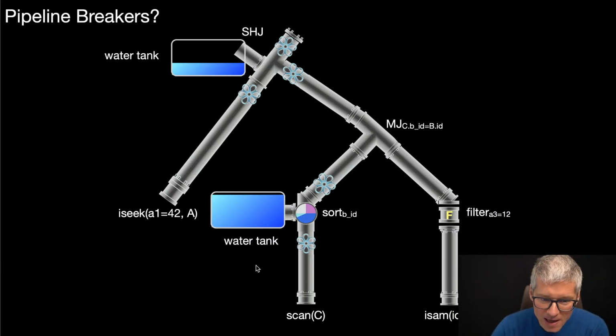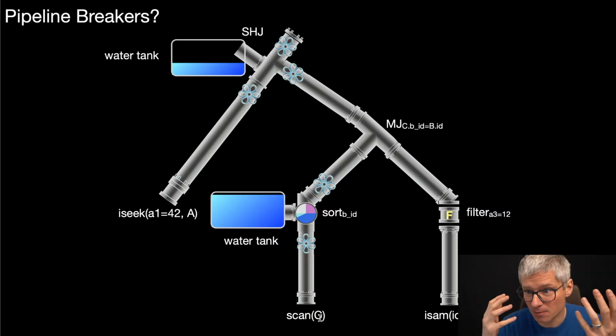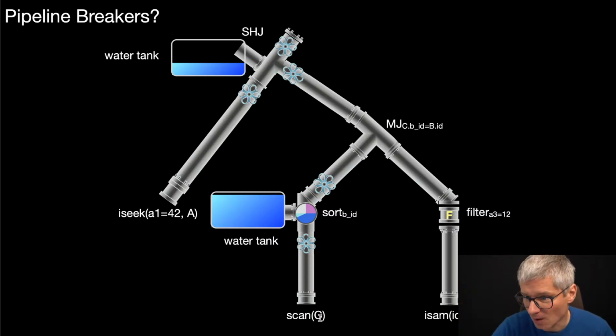There's no way that you can just inspect parts of the data that is delivered by that scan, just the first 10% of the data, sort it and emit it to the merge join. That is not necessarily correct, because the very last element delivered by that scan may be the minimum element.